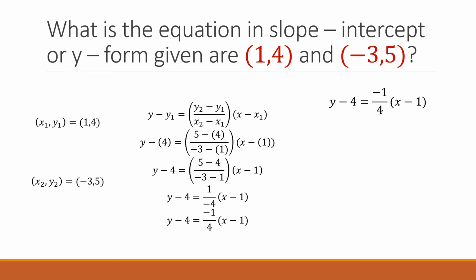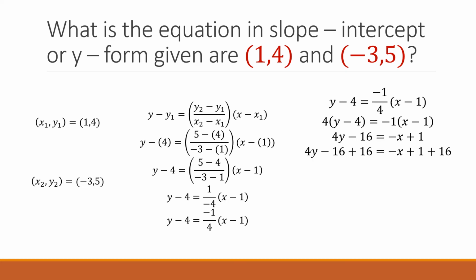Continuing, I multiply the denominator to the left-hand side and the numerator to the right-hand side. So I have 4 times y minus 4 is equal to negative 1 times x minus 1. Getting the product, I have 4y minus 16 is equal to negative x plus 1.